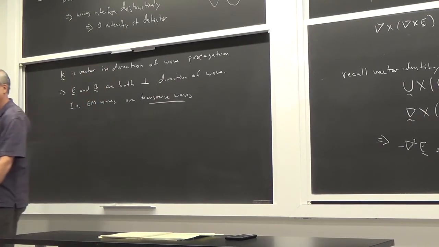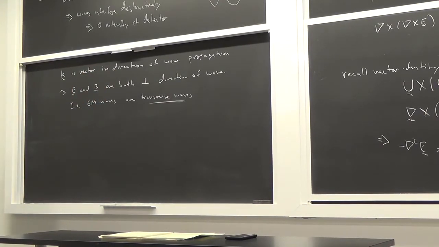In the sense that the wave is going in this direction, the electric field may be pointing this direction, so the electric field is oscillating up and down like this while the wave's traveling along. And the magnetic field is doing the same thing, whatever direction it's taking, but they're always perpendicular to the direction of the wave.